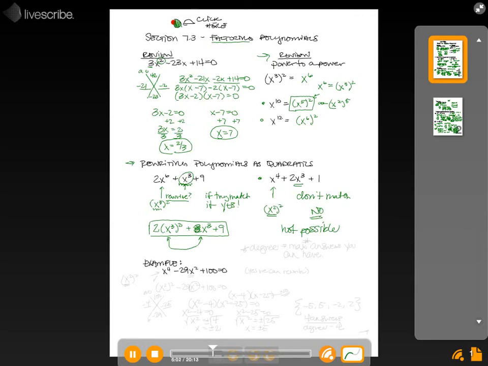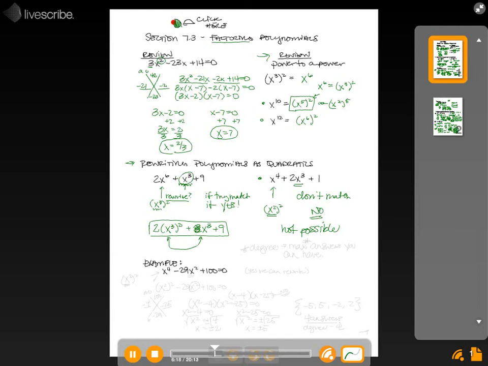Now we're going to take those ideas, all three of those ideas we just talked about, and put them into 4 examples. Now everything's the same as when we factored before. The difference is that the exponent's going to change. We have an extra step at the end, and you'll see what it is here in a second.